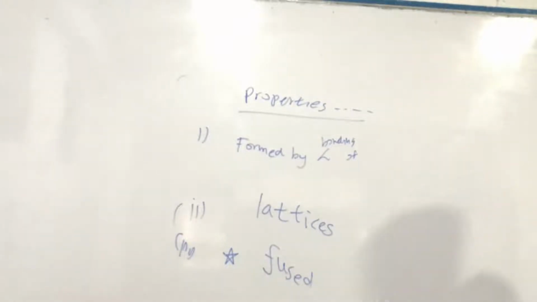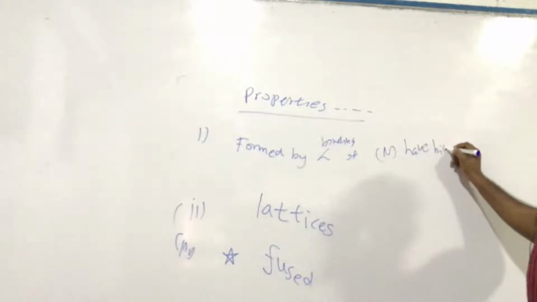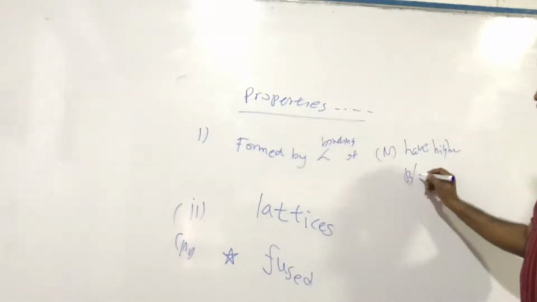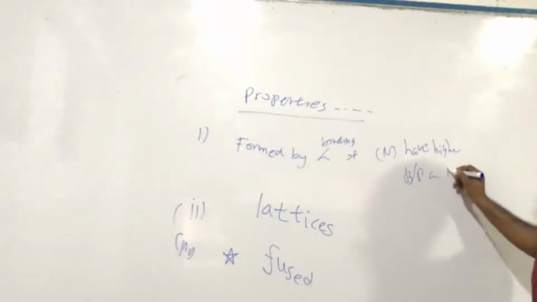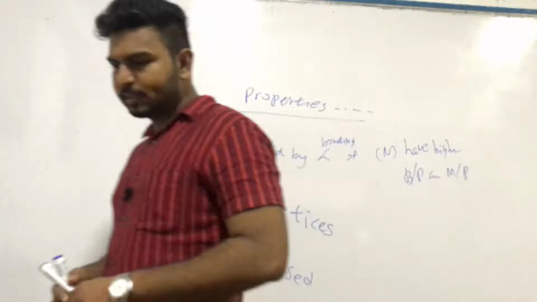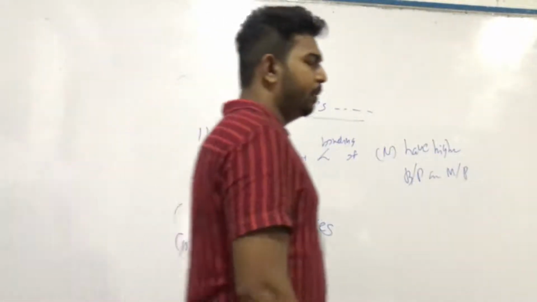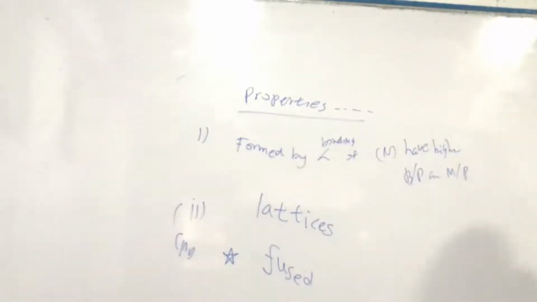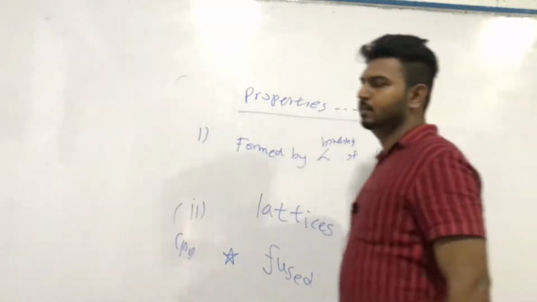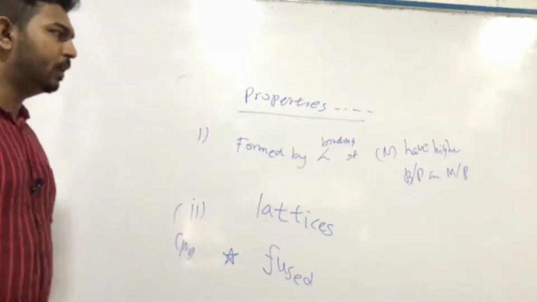Then the next one: ionic compounds have higher boiling points and melting points.